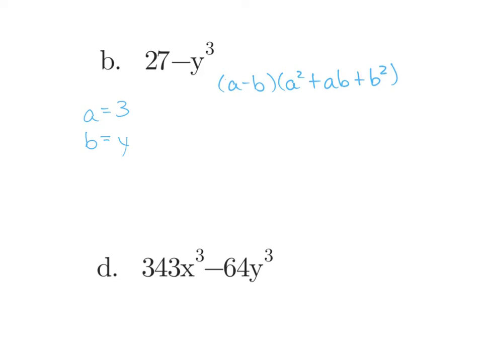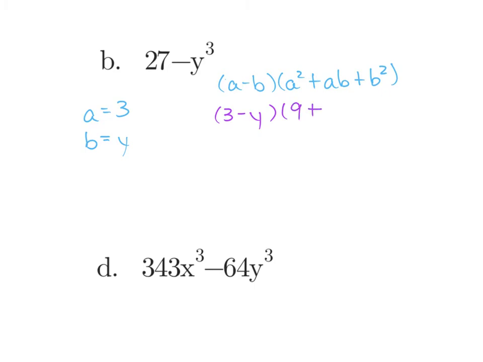So let's go ahead and plug this into our formula. For the first set, we want a minus b. That's going to be 3 minus y. For the second set, we want to figure out what a squared is equal to. Since a is 3, if I square it, I get 9.